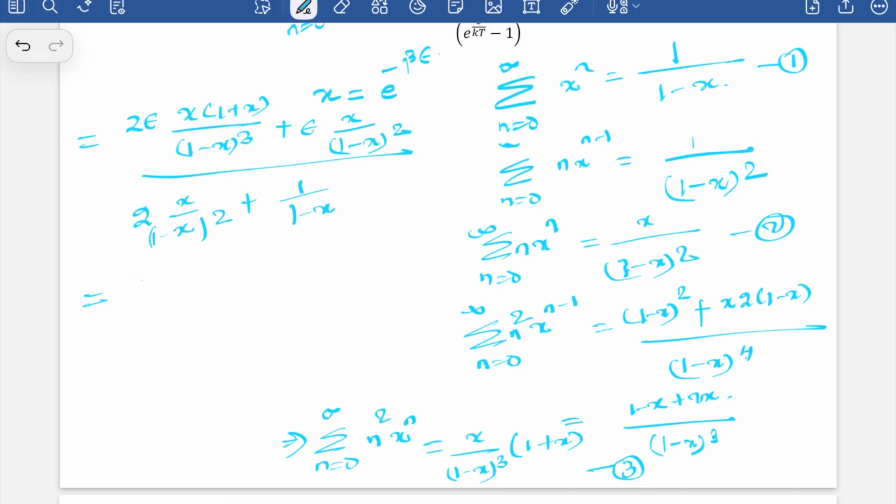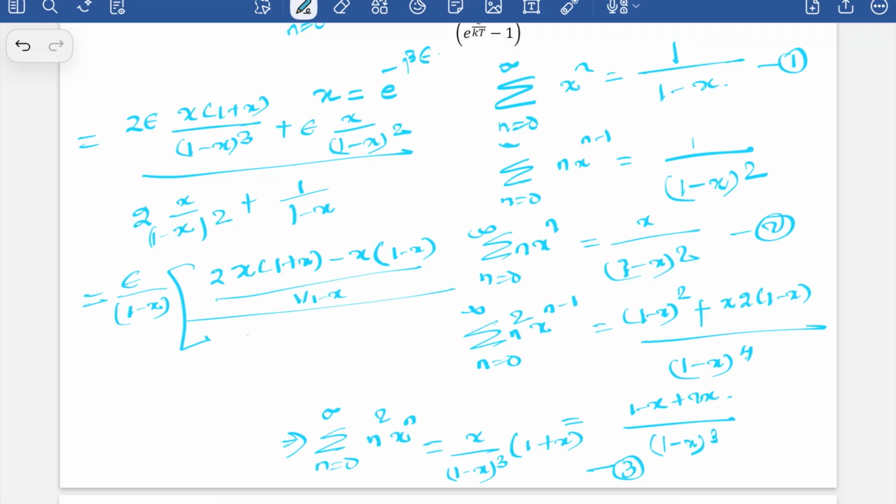Solving further, we will obtain x will cancel 1 or 1 minus x, take e, 2x (1 plus x) minus x into (1 minus x) divided by 1 by 1 minus x whole divided by 2x plus 1 minus x divided by 1 minus x.